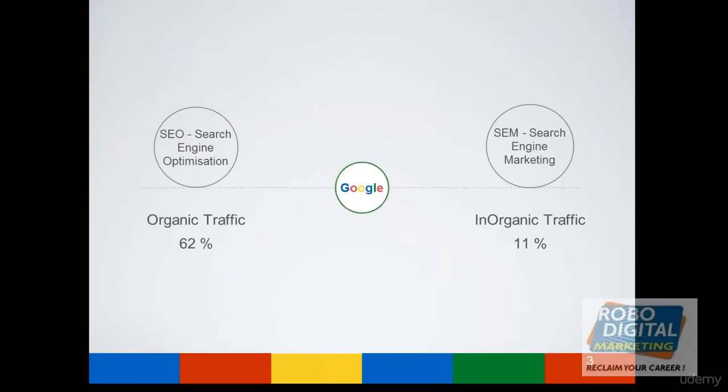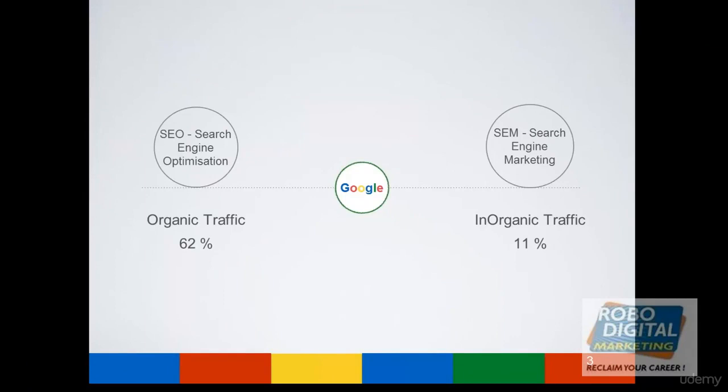If I talk about the number of clicks, of the total people who visit Google, 62% click on organic results, that is unpaid results. That is achieved through SEO, search engine optimization. We have a dedicated module for that.